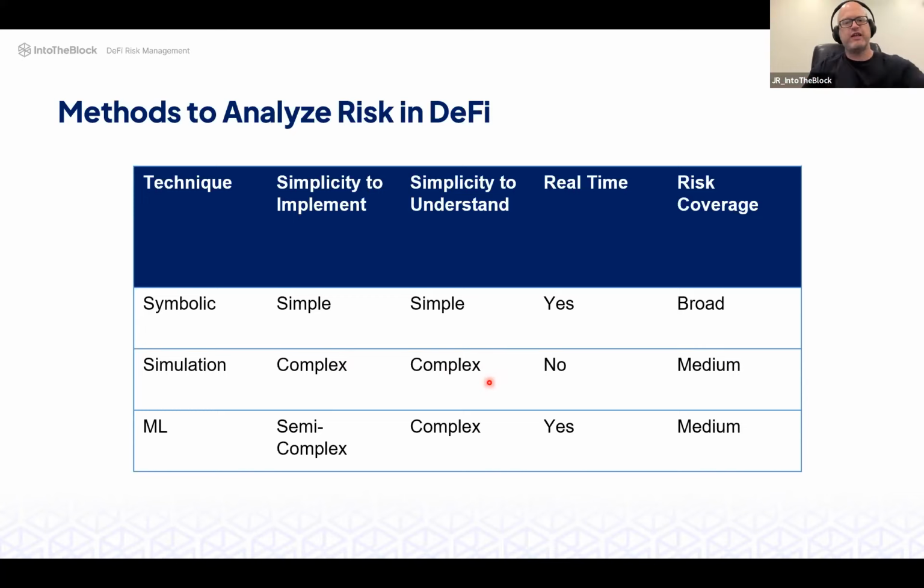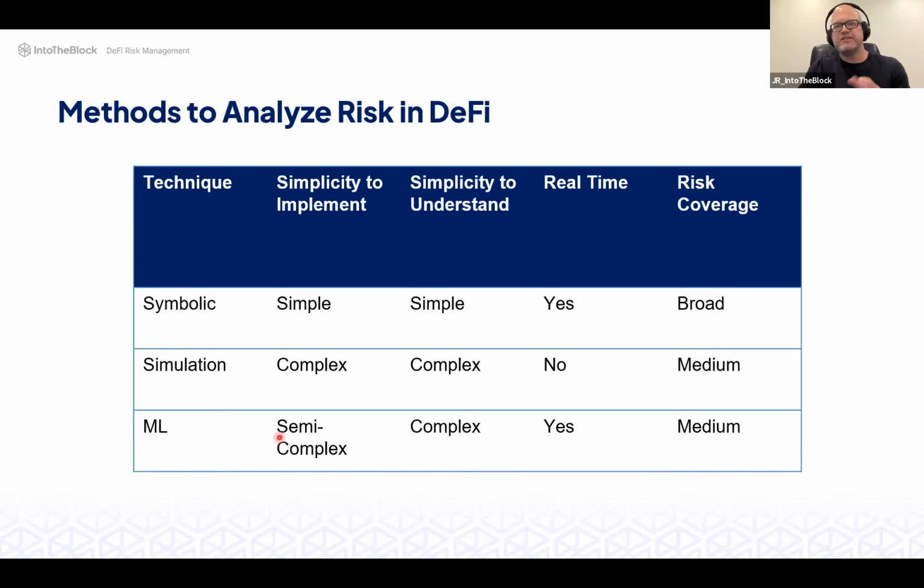You cannot look at the mempool, run a simulation, and get an answer. It requires more computation. Now, how much risk you can cover with that is medium to low. Typically, it's about making sure that a DeFi protocol has a composition that is reliable, but it's not about reactive real time. Like at Into the Block, regardless of what the protocol is, we need to manage risk. So we focus more on the economic side.